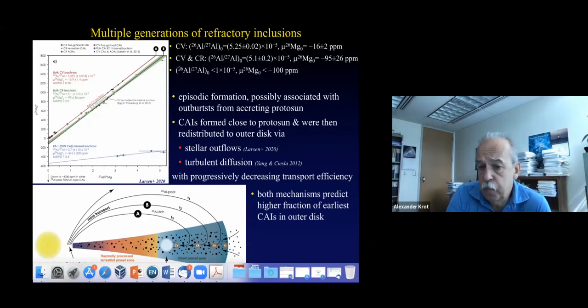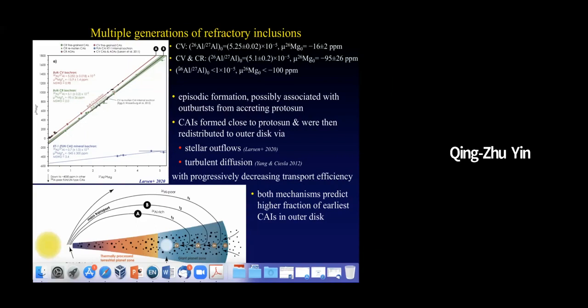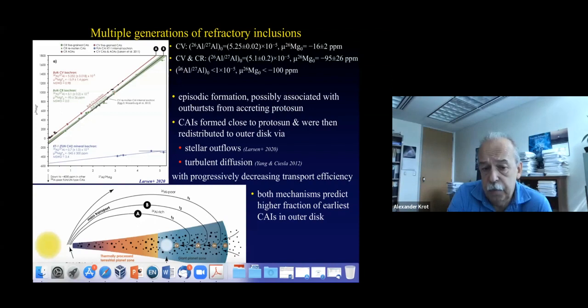And both mechanisms, the stellar outflow and turbulent diffusion, predict that CAIs that formed at the very beginning of the solar system formation will be transported to the largest radial distance from the sun. And on this diagram, they assigned CI and CH chondrites further away from the sun than CV and CR CAIs.